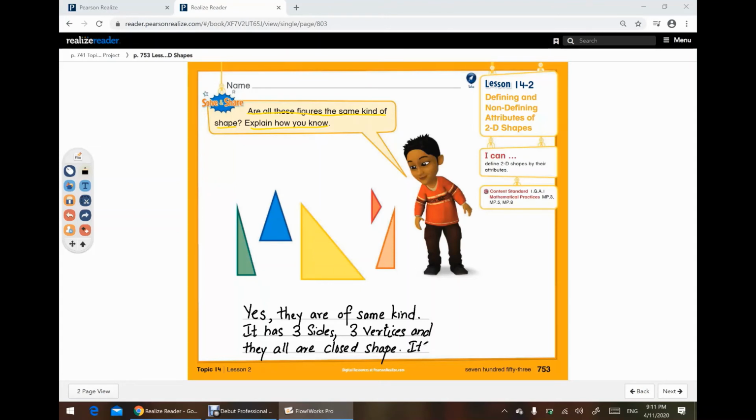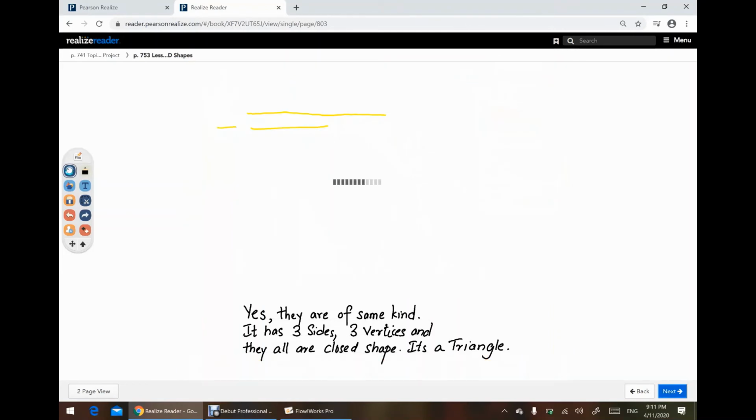It's a triangle. Okay, so they are of the same kind. It has 3 sides, 3 vertices, and they all are closed shapes, and it's a triangle. Now here, let's move to our next page.